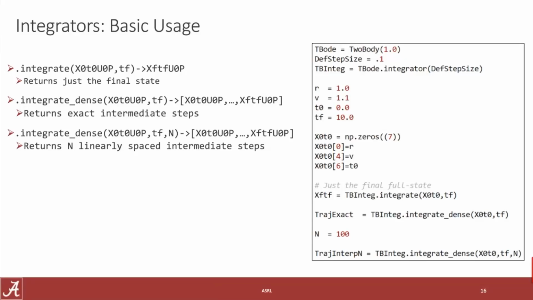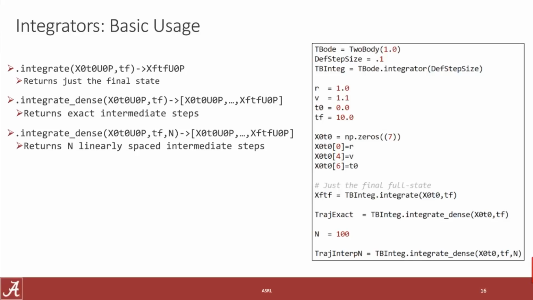It's doing whatever it needs with variable step to satisfy your tolerancing, to step from your initial condition to final. But because your time steps may not be monotonically increasing as it goes through less or more stiff parts of your ODE, we return linearly spaced intermediate steps with this n term.